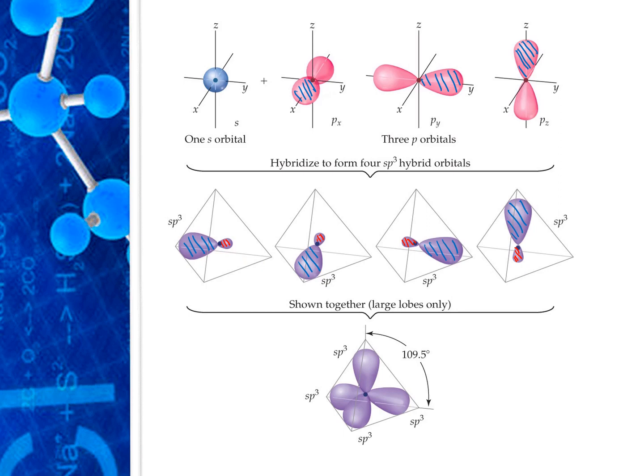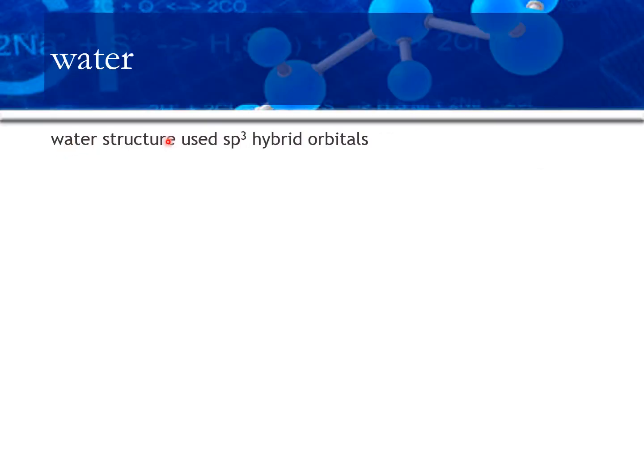Now we're in a position to answer my original question from the previous talk: why isn't the bond angle in water 90 degrees? So applying this to water, we see that the water structure has to use sp3 hybrid orbitals. The reason we know this is because its electronic geometry is tetrahedral.